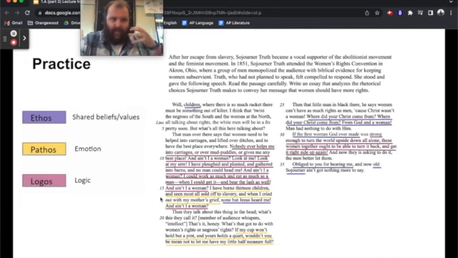And when she keeps repeating, "Ain't I a woman?" Right. That is a structural tactic. And then here at the end, she's talking about the first woman God ever made, Eve. She says, "If Eve was strong enough to turn the world upside down all alone, these women together ought to be able to turn it back and get it right side up again."